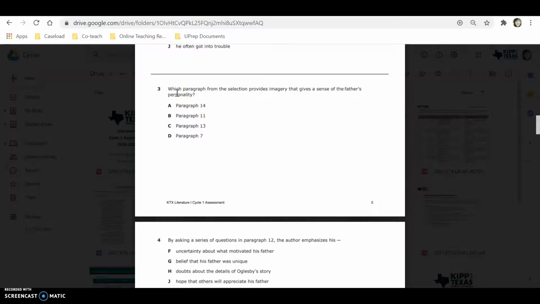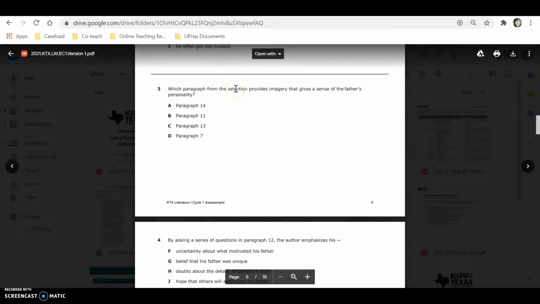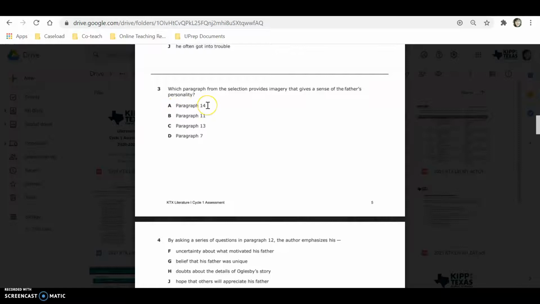Question 3. Which paragraph from the selection provides imagery that gives a sense of the father's personality? A, paragraph 14, B, paragraph 11, C, paragraph 13, D, paragraph 7. You must go to all 4 of these paragraphs in the actual reading.